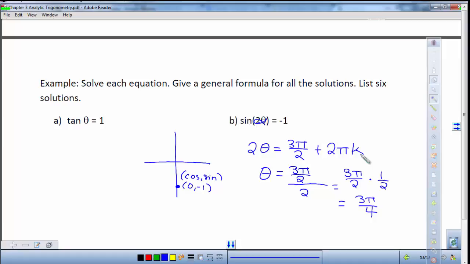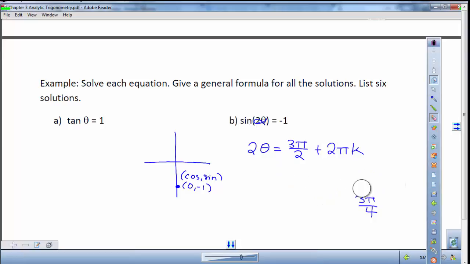K is pretty commonly used to represent an integer. If I go around 2 pi, then I come back to something that's coterminal. If I go 2 pi 2 times, we come back to something that's coterminal, and so forth and so on. So don't forget 3 pi over 4, because we still should get that as one solution.